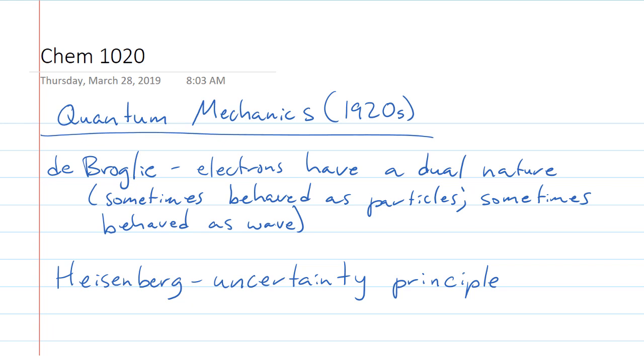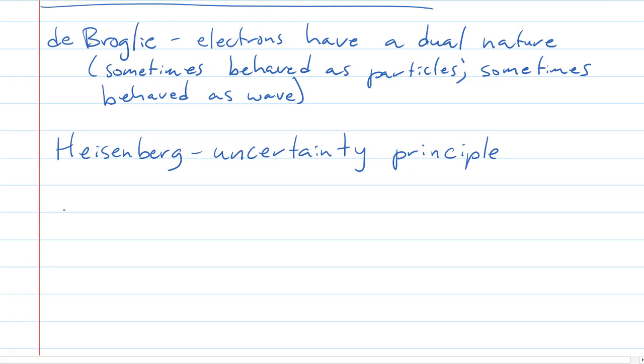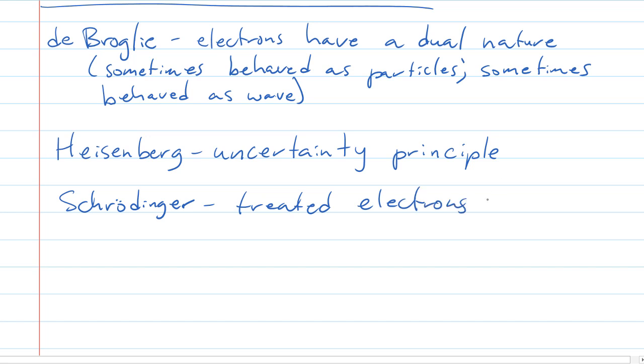And then there was a third scientist at this time. His name was Erwin Schrödinger. And Schrödinger, he treated electrons as waves and developed what is called the wave equation.